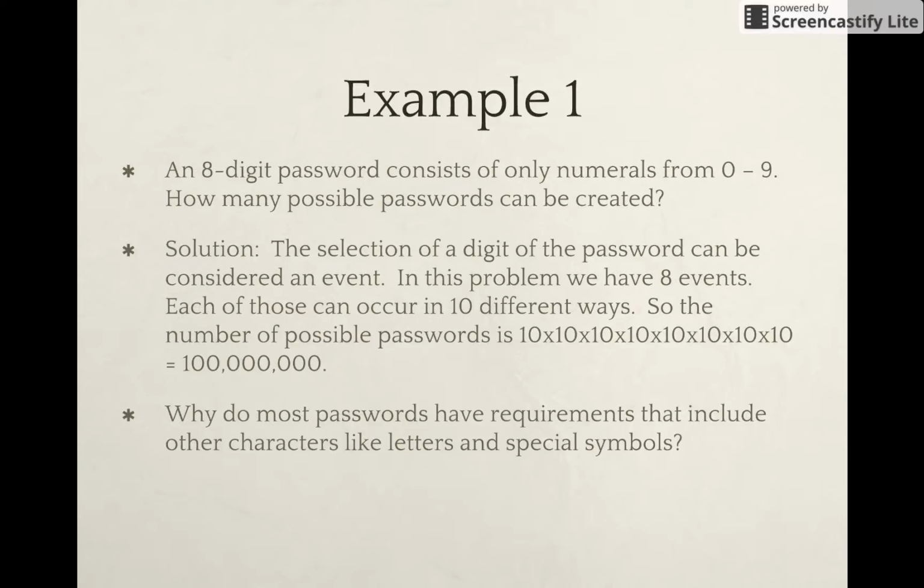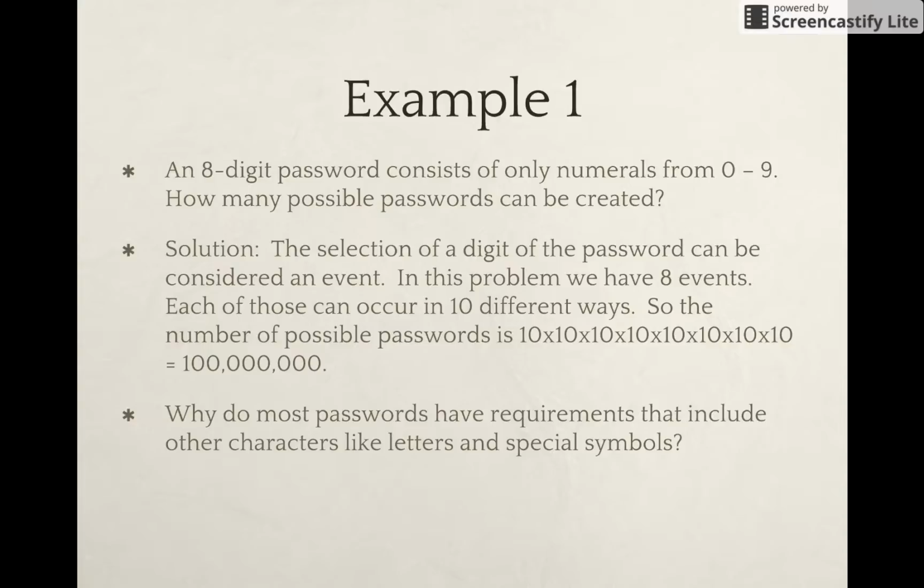Consider an 8-digit password that consists of only numerals from 0 to 9. We might be interested in knowing how many possible passwords we can create from these numerals. Viewing this in the fundamental counting principle, each selection of a digit of our password would count as an event. And so we have 8 events since we're creating an 8-digit password.